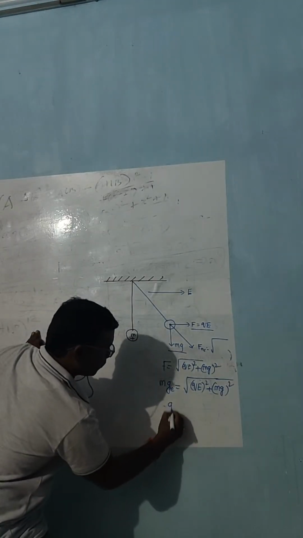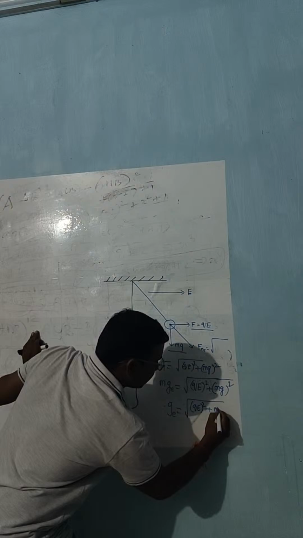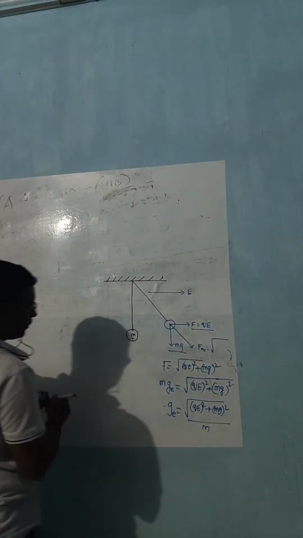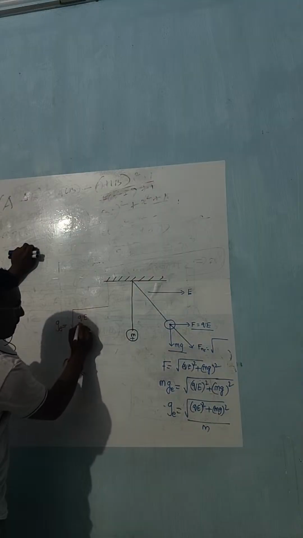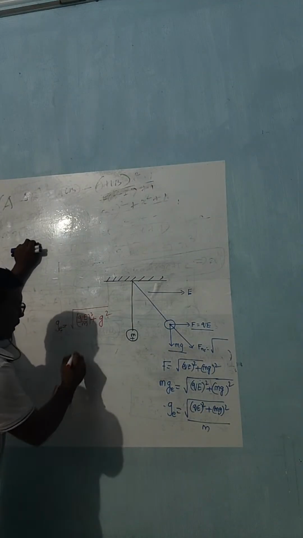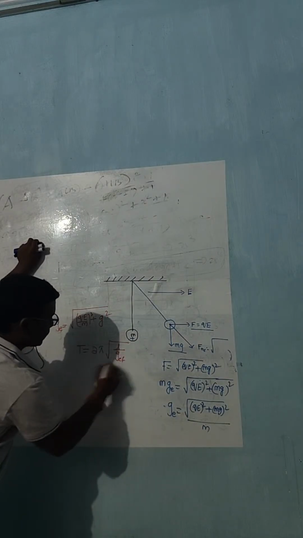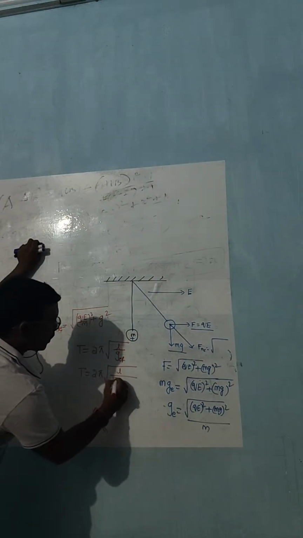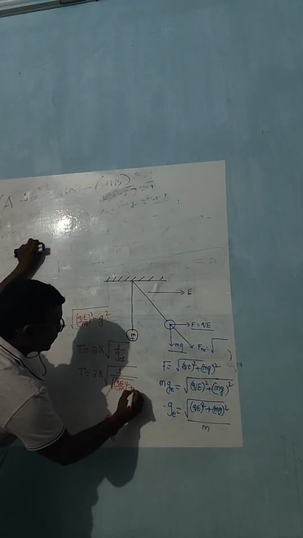Dividing by m and sending m inside, g effective equals root of QE by m whole square plus g square, with m cancelled. Then the time period of the simple pendulum is T equals 2 pi root of L by g effective, which is root of QE by m whole square plus g square.